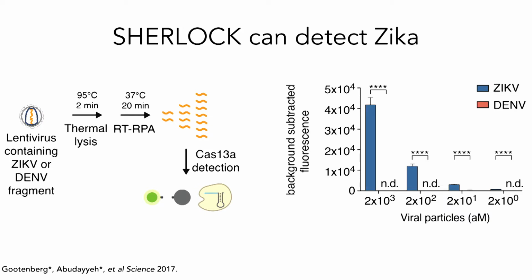And you can see that for the dengue virus, which is about 60 to 70% similar, we don't get any detection at these large amounts. But by particle counting, you can see that we are getting down significantly to single viral particles. So in this mock Zika assay, we can detect single molecules of the Zika genome.